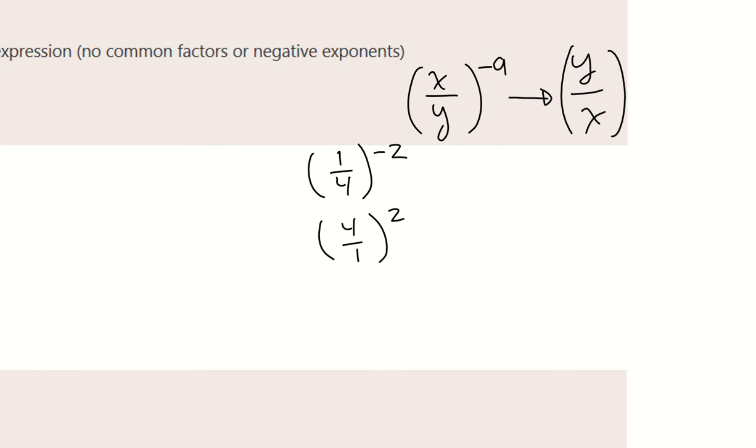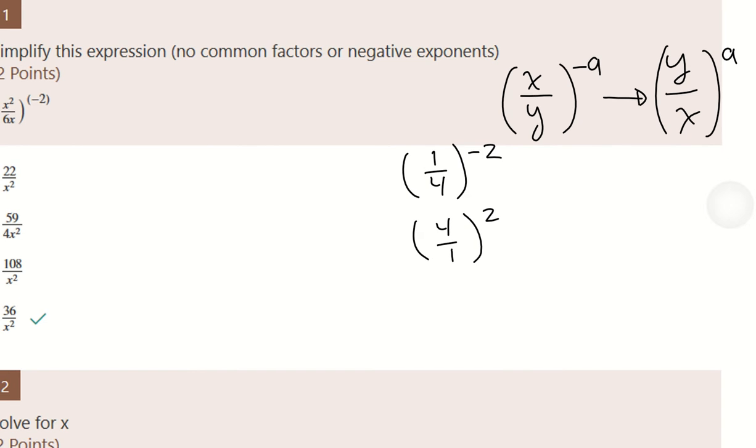You don't need to memorize x's and y's. Just think about the idea that if you have a rational number, a ratio of two numbers, and raise it to a negative power, this is what it becomes, which is 16.